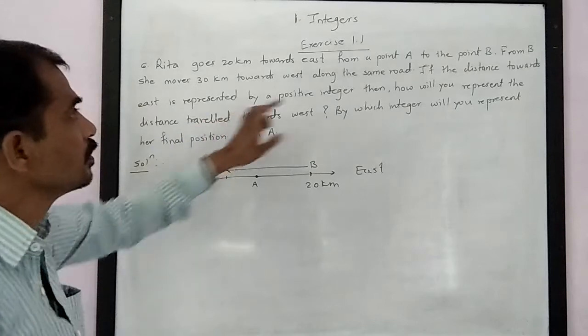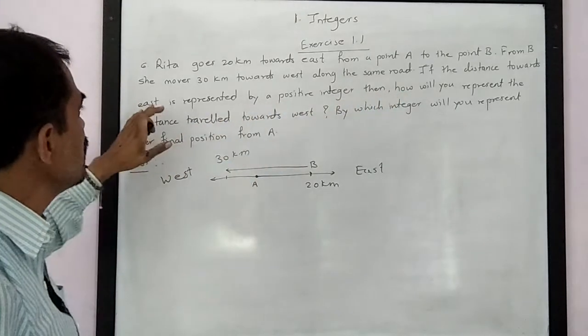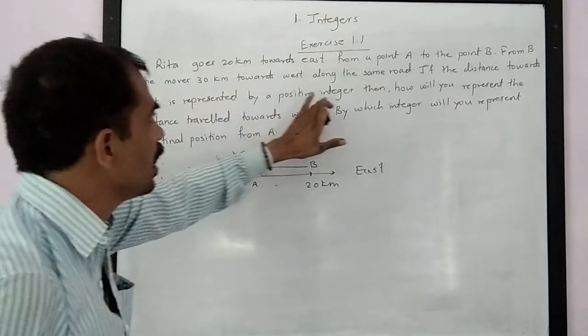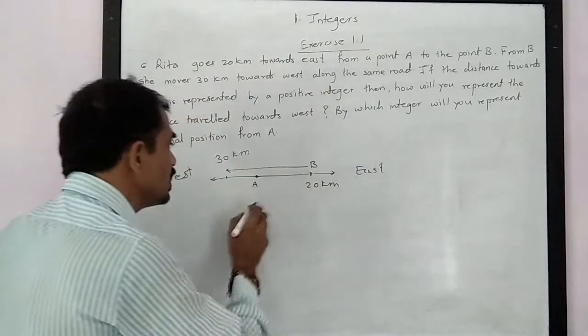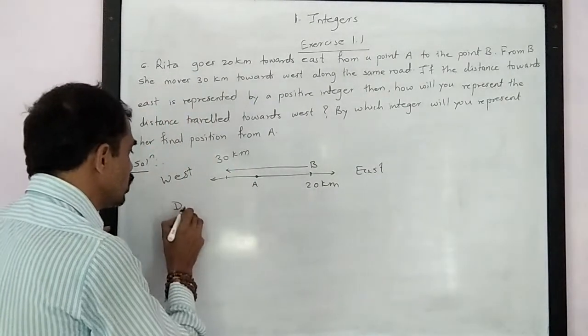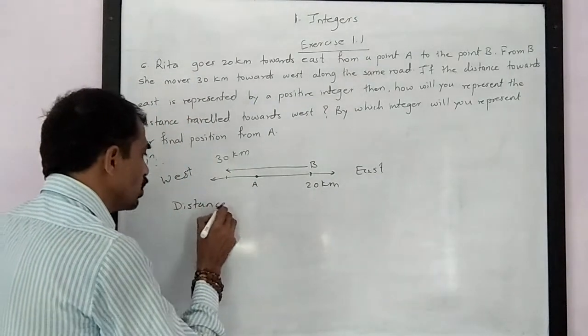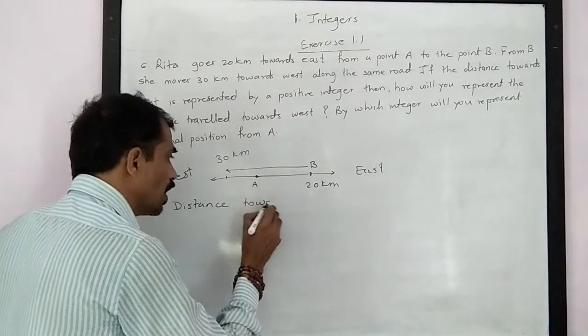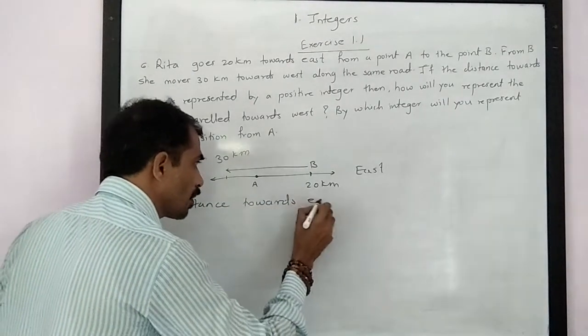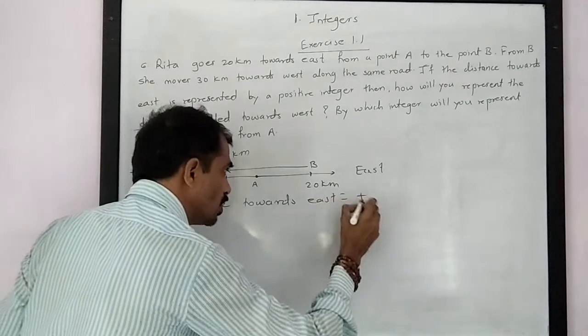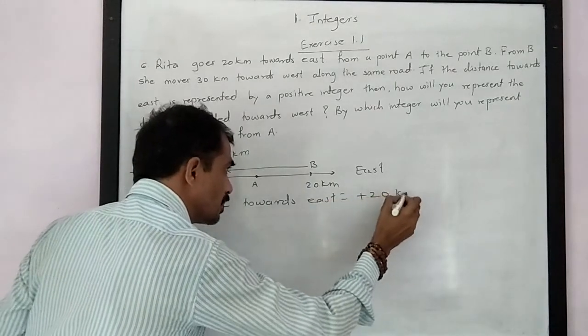Understand? If the distance towards east is represented by a positive integer, distance towards east is equal to positive 20 kilometers.